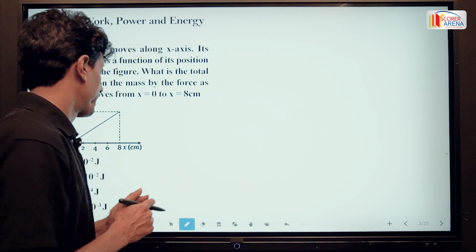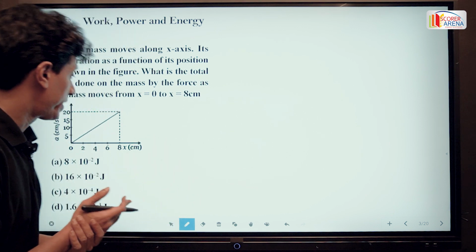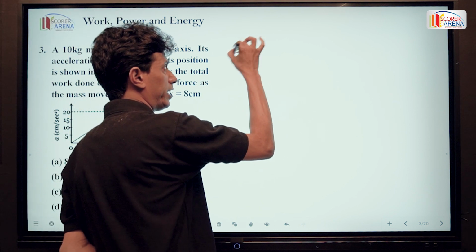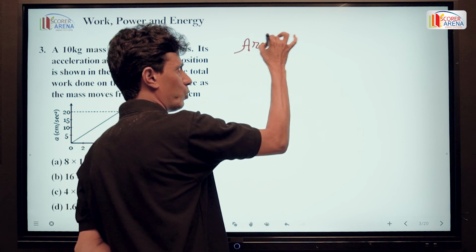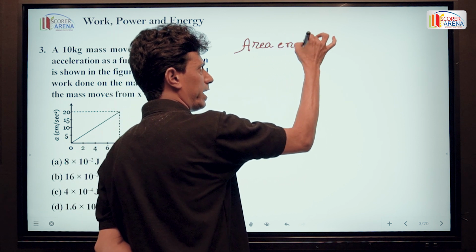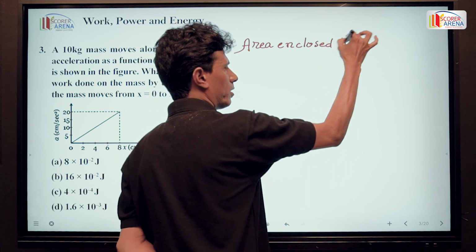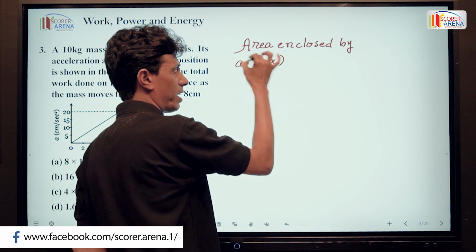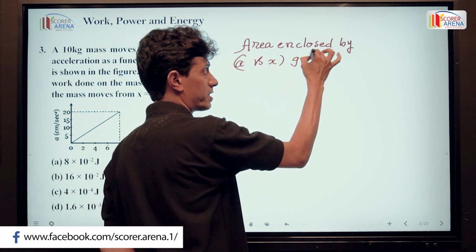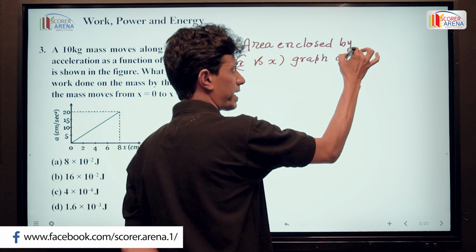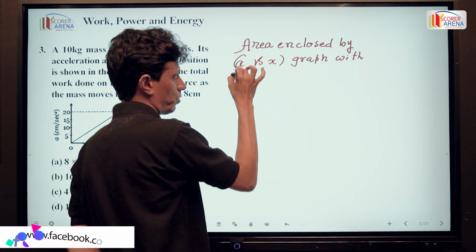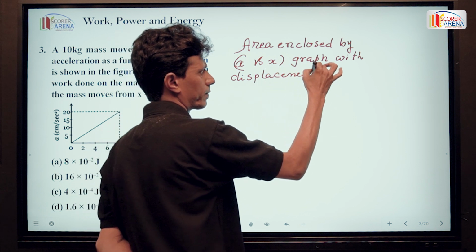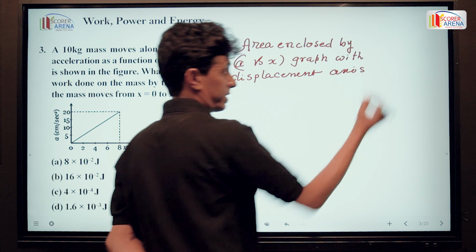So in this way, since the acceleration is not fixed here, first we have to find out the area enclosed by the acceleration versus displacement graph with the displacement axis.